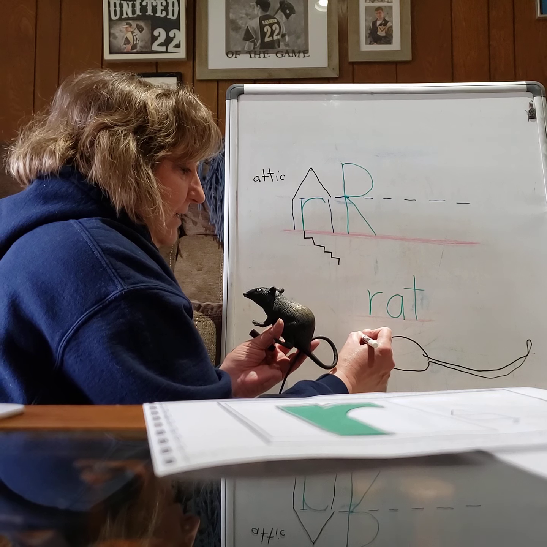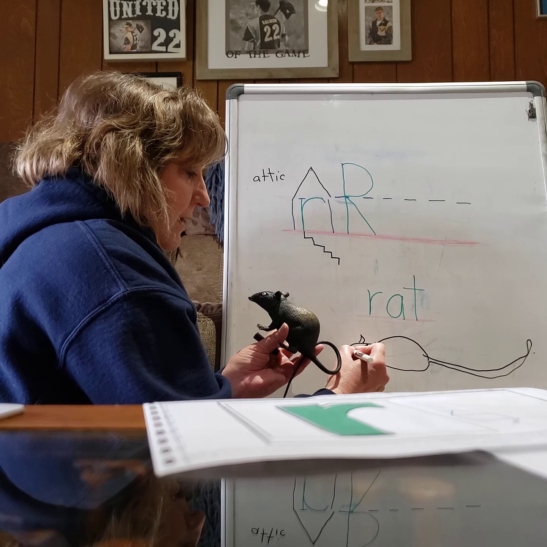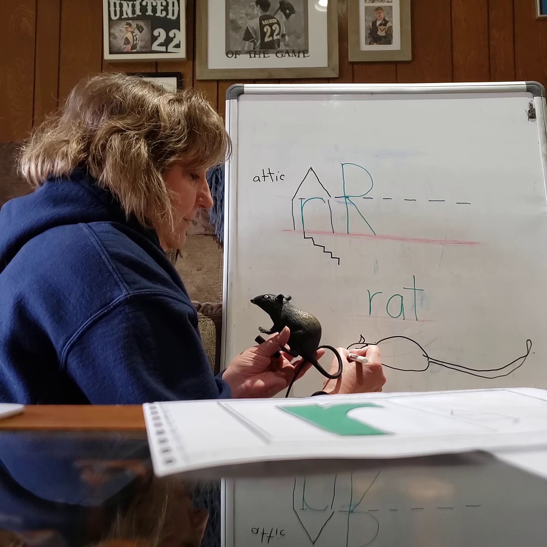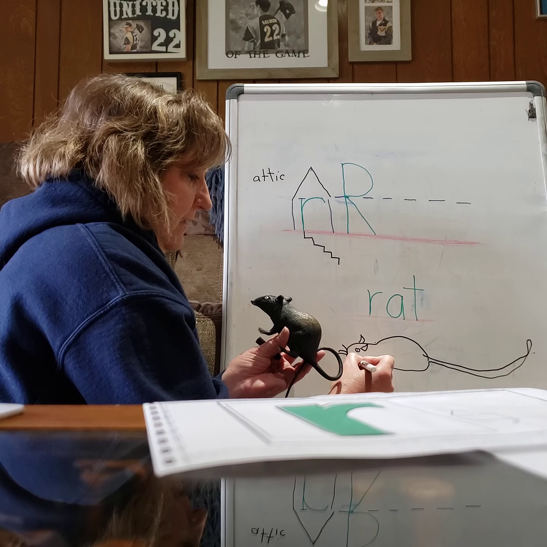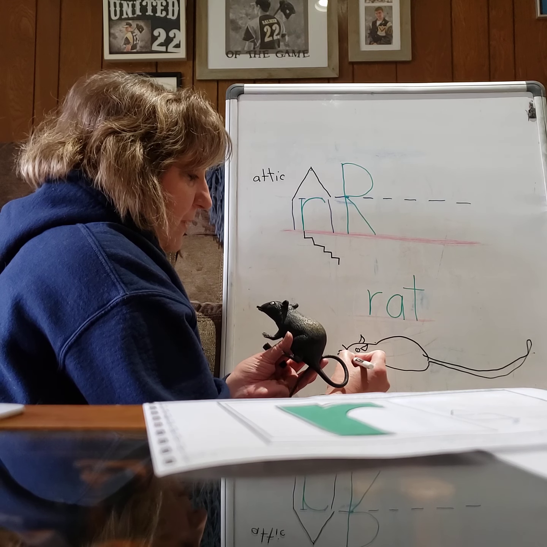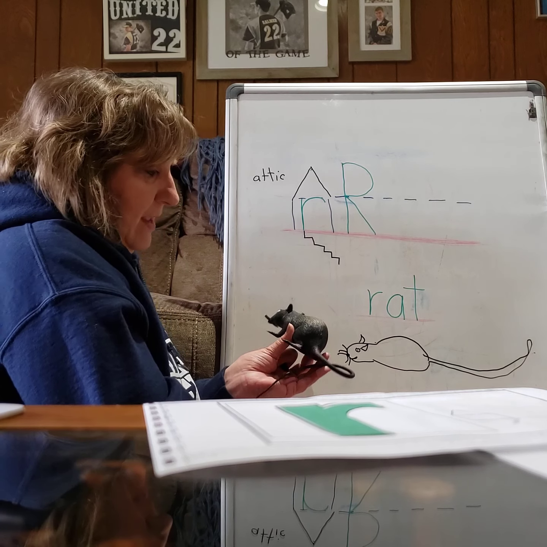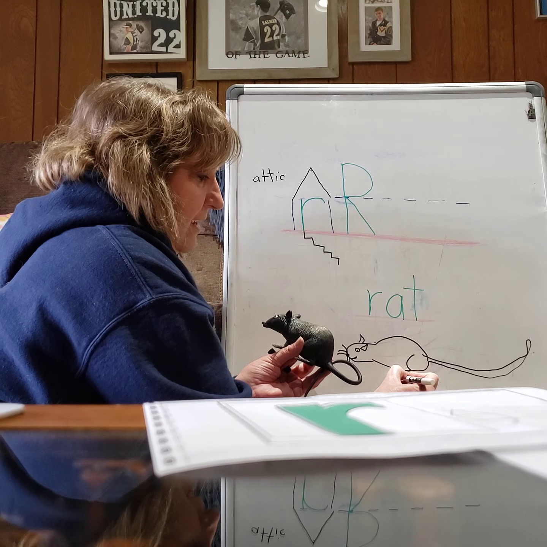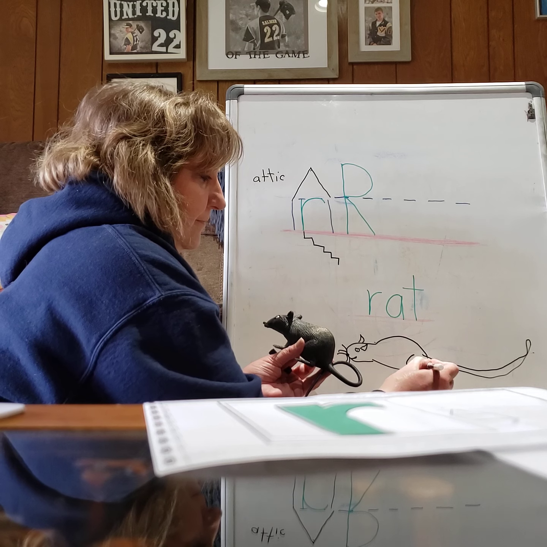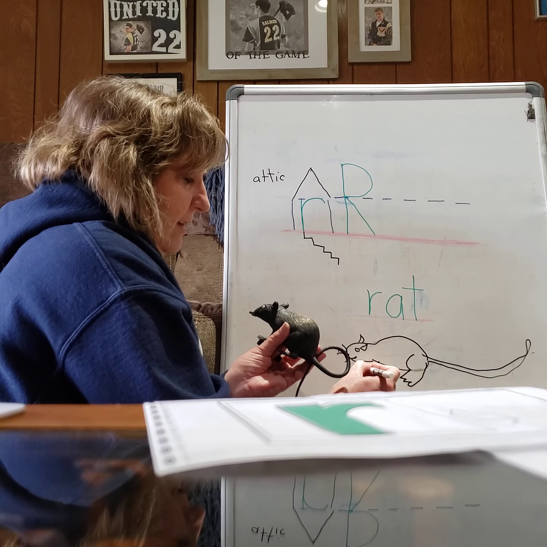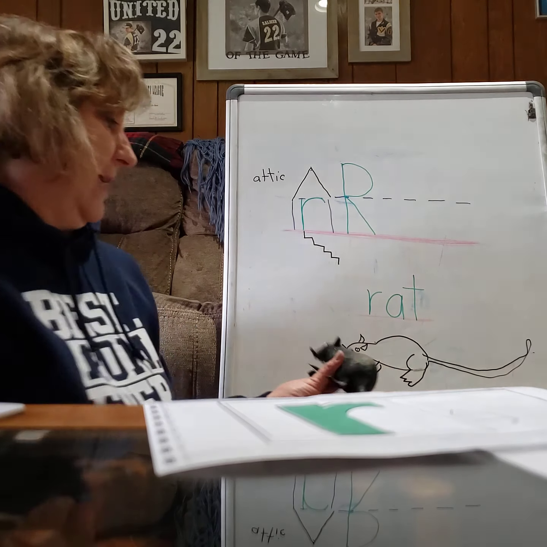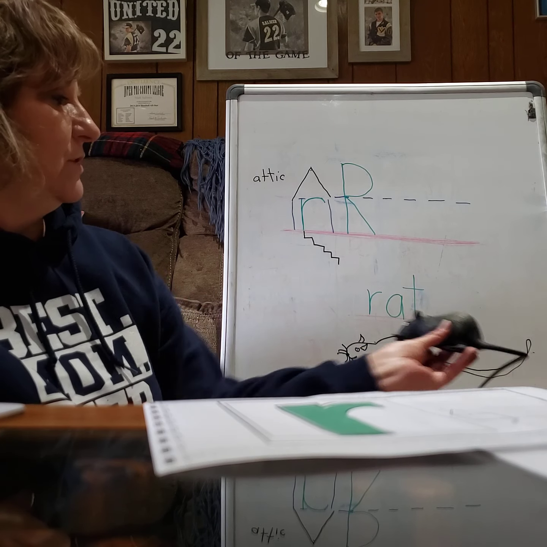And he has ears and an eyeball and a nose with some whiskers. And he's probably got a mouth in there. There we go. And then over here, he's got his paw. And then he's got a front paw. And of course, there's two back paws that we can't see. But that looks pretty much like rat.